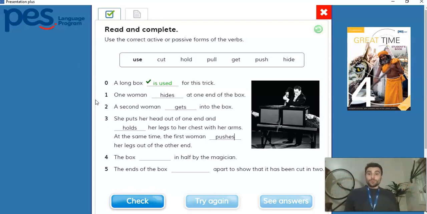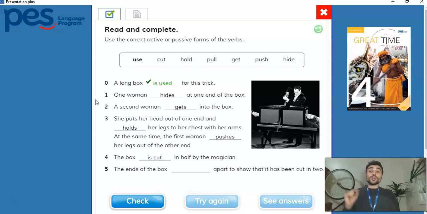Okay? 4. The box in half by the magician. Here we have a person at the end who does the action. So if we have the person who does the action after the by the magician, probably the beginning of the sentence is in the passive voice, right? So we can say the box is cut, okay?